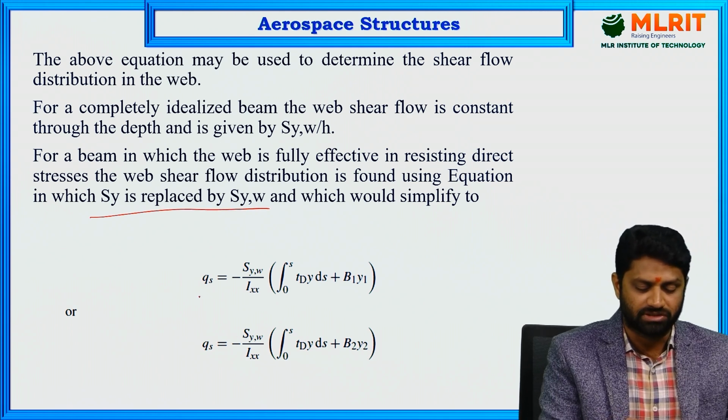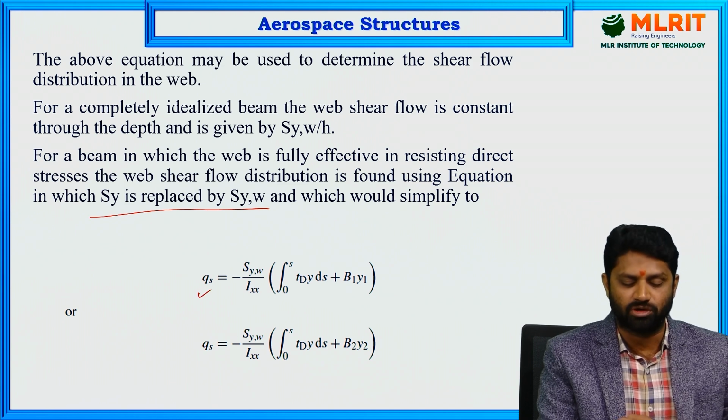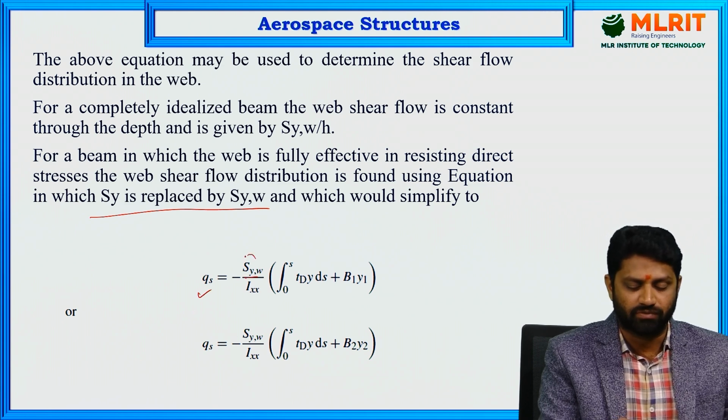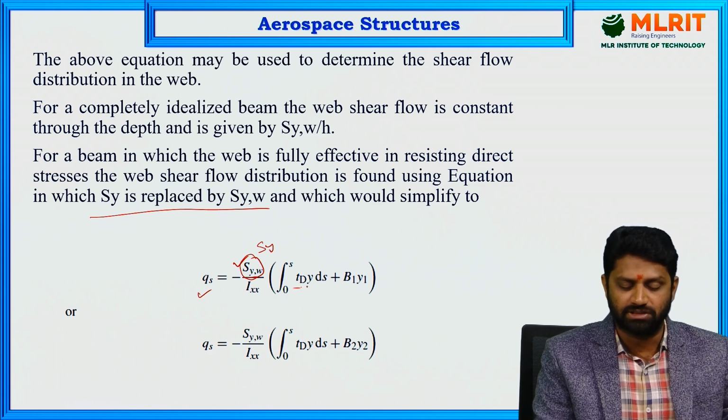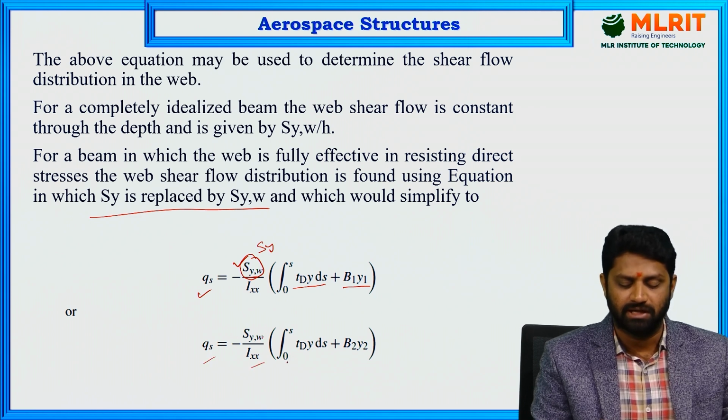So Qs, the well-known shear flow distribution, is given by minus SYW divided by Ixx integral 0 to s Td into Yds plus B1Y1. Or in other words, Qs equals minus SYW divided by Ixx integral 0 to s Td into Yds plus B2Y2.